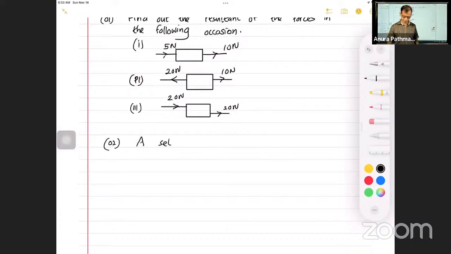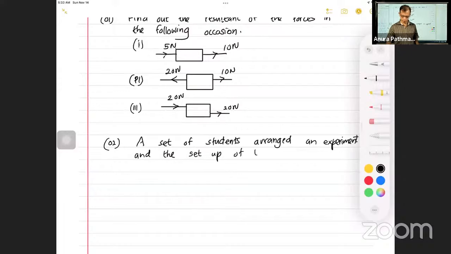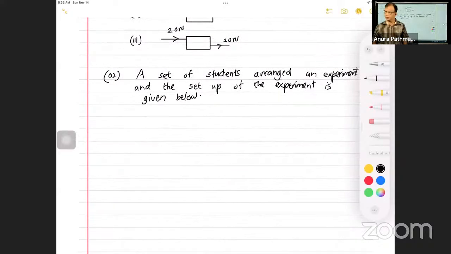A set of students arranged an experiment and the setup of the experiment is given below.